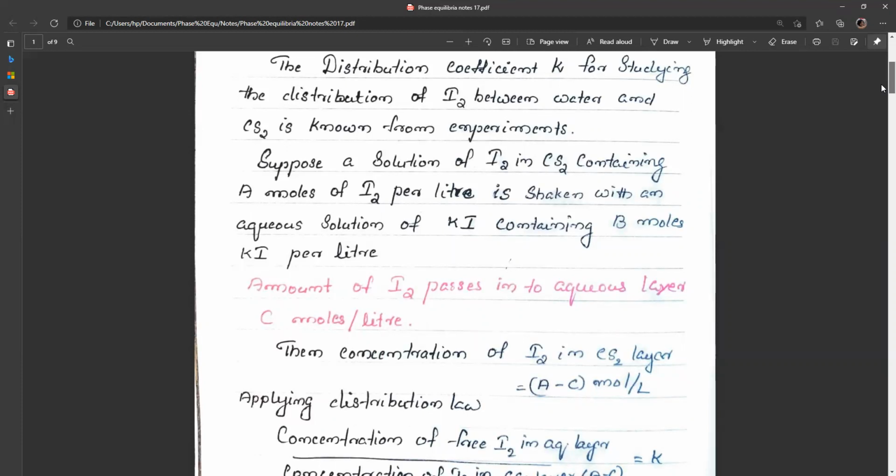We take A moles of iodine, and it is distributed between water and carbon disulfide.